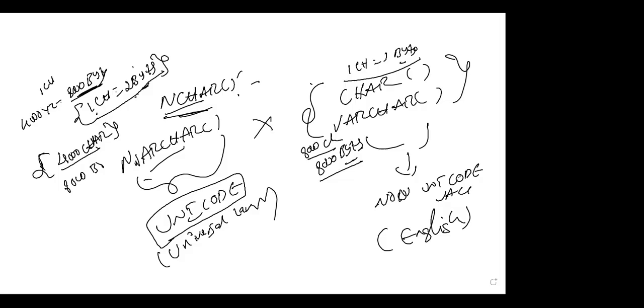NCHAR can store up to 4,000 bytes, due to one character being equal to 2 bytes.